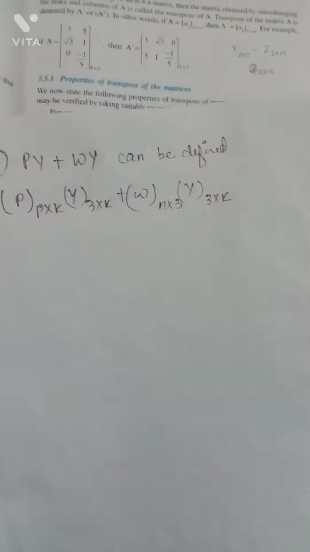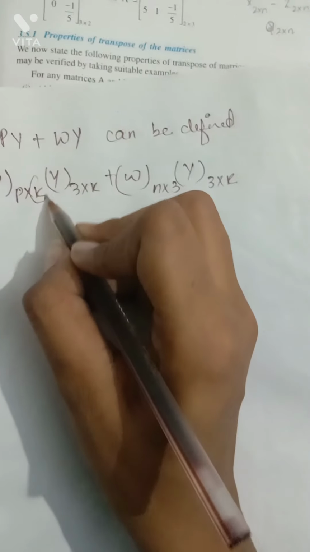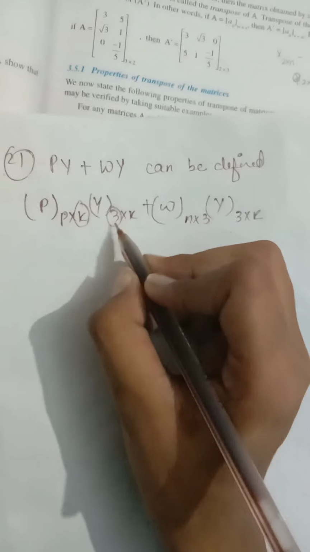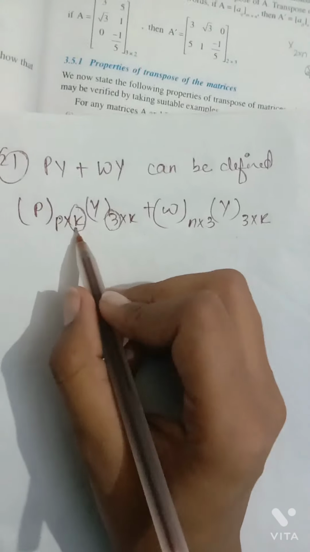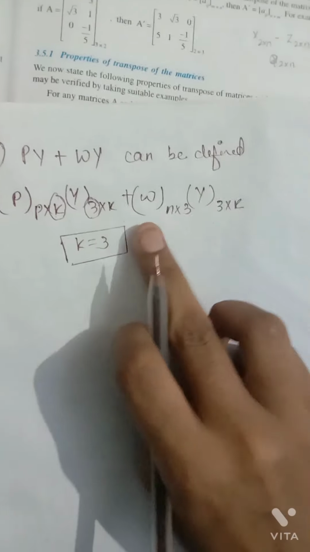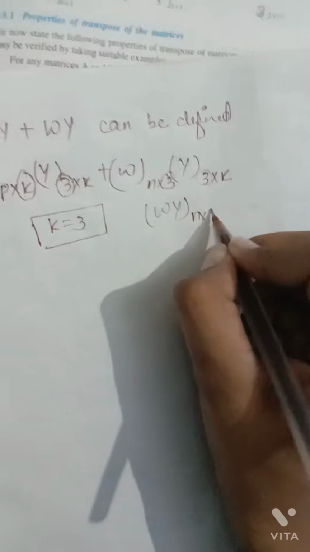Two matrices can only be multiplied if the columns of the first matrix equal the rows of the second matrix. So from this we know that k equals 3, and here again 3 equals 3, and WY can be multiplied, giving n cross k.